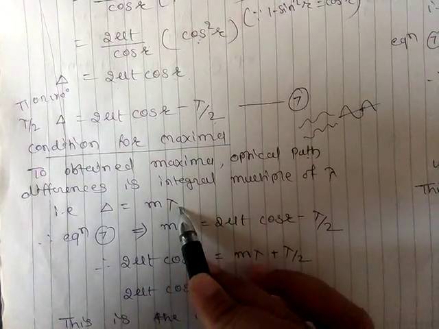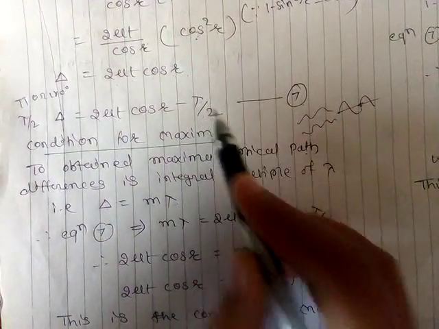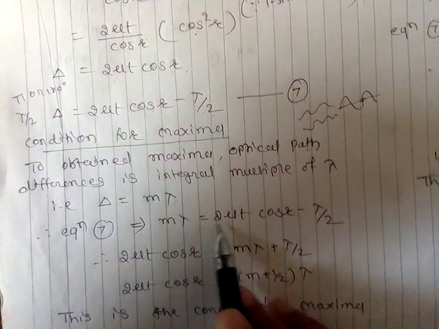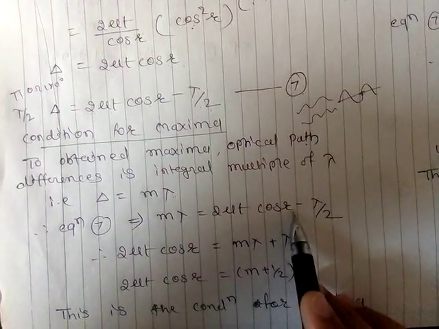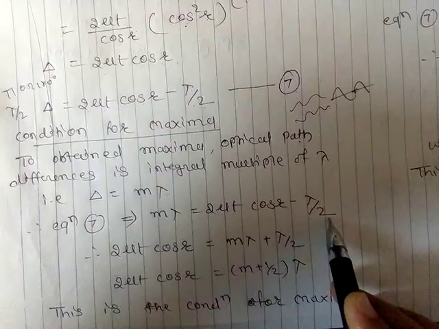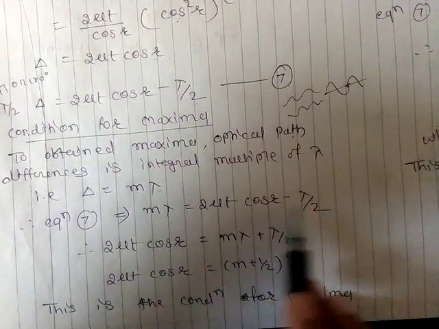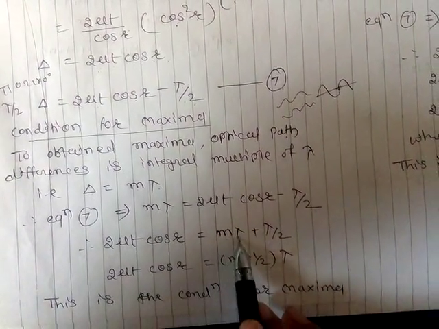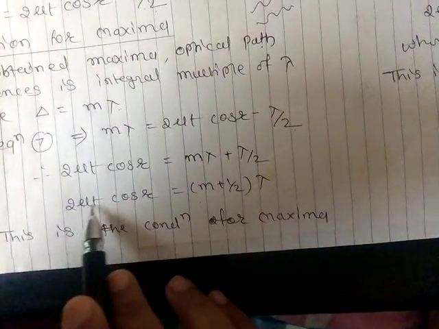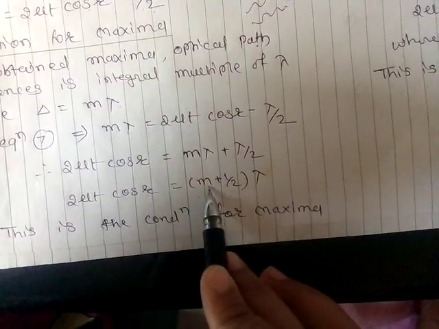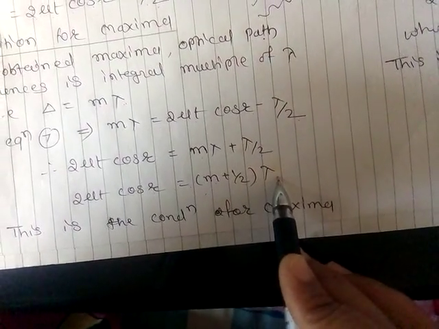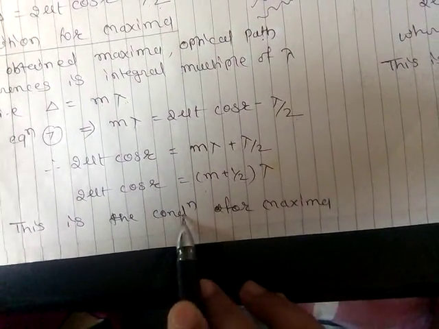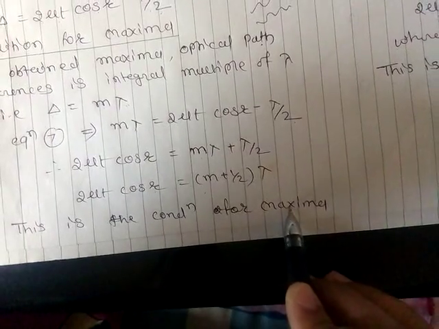Substituting this value in equation 7, we get m lambda equal to 2 mu t cos of R minus lambda by 2. Rearranging, we get m lambda plus lambda by 2. After solving, we get 2 mu t cos of R equal to m plus half lambda. This is the condition for the maxima.